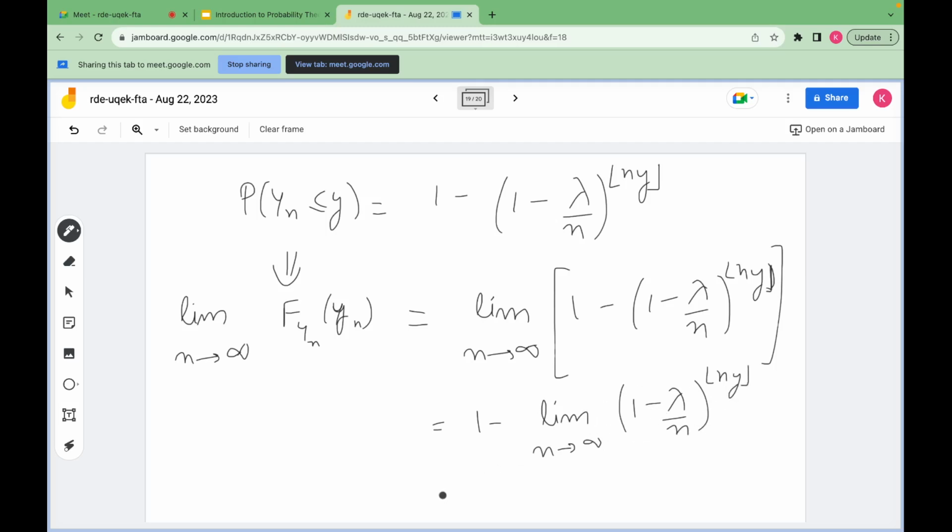This is nothing but 1 minus e to the power minus lambda y as n tends to infinity.